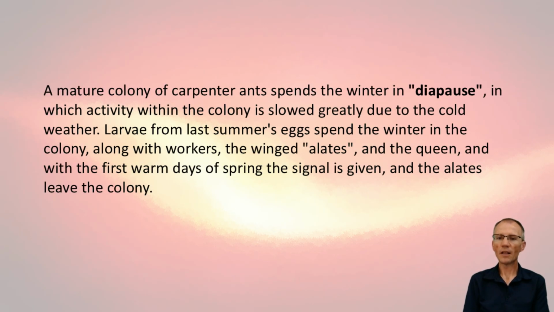A mature colony of carpenter ants spends the winter in diapause, in which activity within the colony is slowed greatly due to the cold weather. Larvae from last summer's eggs spend the winter in the colony along with workers, the winged alates, and the queen, and with the first warm days of spring the signal is given and the alates leave the colony.